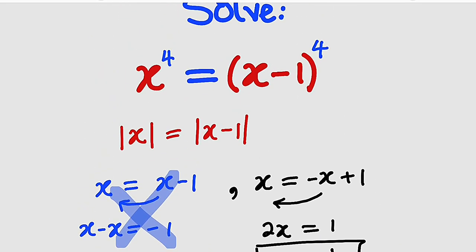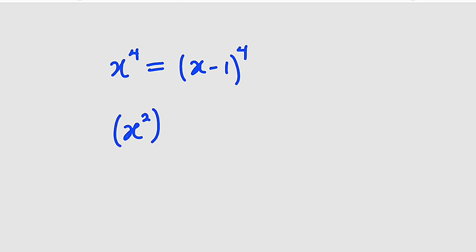But having a power of 4, we expect other solutions, right? That led us to the second method. We have x to the power of 4 equal to (x minus 1) to the power of 4. Let us bring everything to one side. x to the power of 4 is the same thing as x squared all to the power of 2. The minus, we do the same thing here: we have (x minus 1) squared, but all squared.